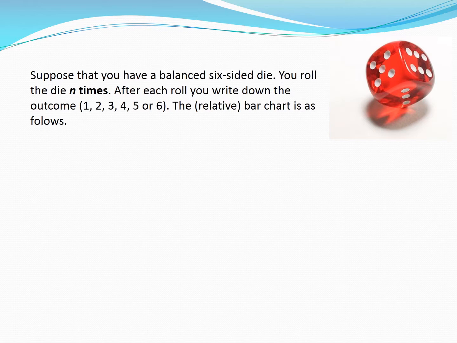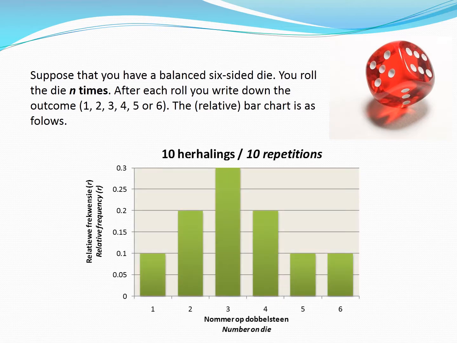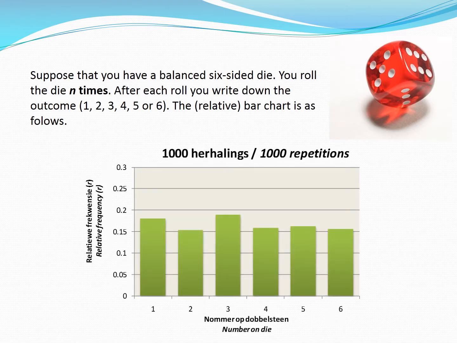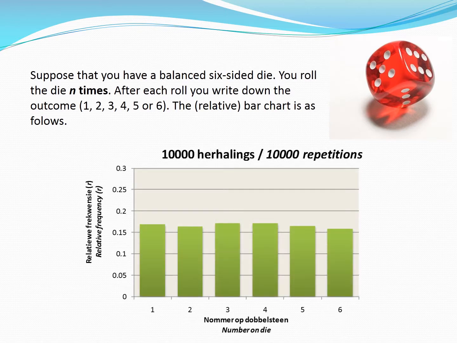So I rolled a die a couple of times, and then I recorded the outcome each time. If I did 10 repetitions, you can see that the relative frequency is not that stable, but the larger the number of repetitions, the more the relative frequency for the different options on the die stabilizes.